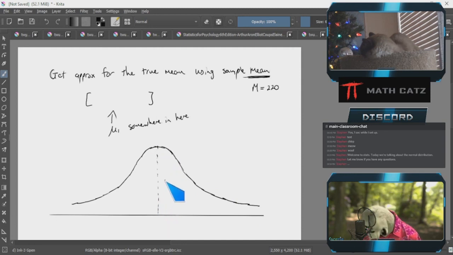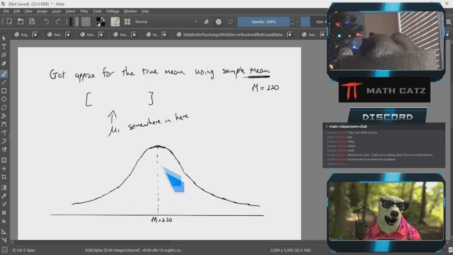All we can do is say, well, let's build it around our sample mean. We might luck out, and the true population mean is exactly 220, but we don't know that. We hope our sample is representative, and then it should be close to this, but we can't say for sure how close.